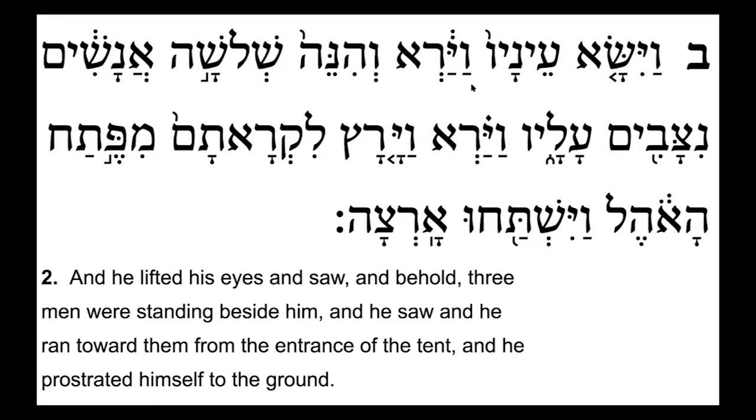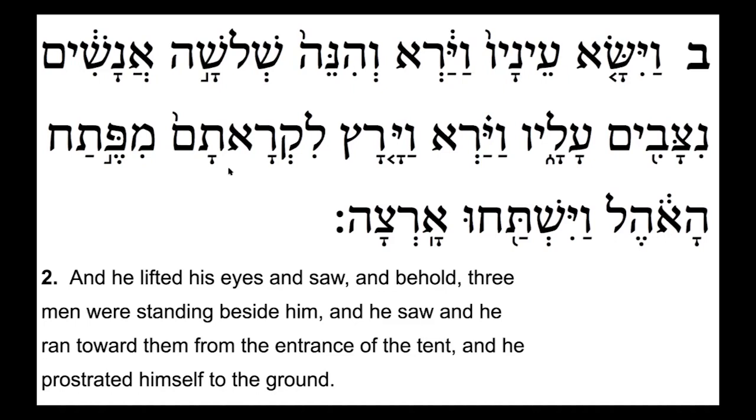But with the vav, it means and he saw. Vayisa, without the vav, would mean and he will take or he will lift, but with the vav it reverses the tense, so now it means and he took. Not always, but very often, the vav reverses the tense. So vayaratz, without the vav, would mean and he will run, but with the vav it means he ran.